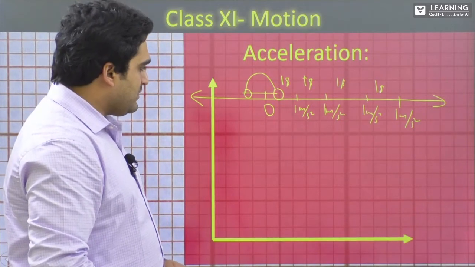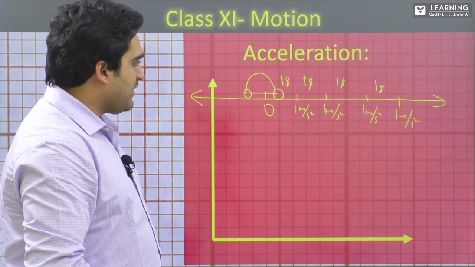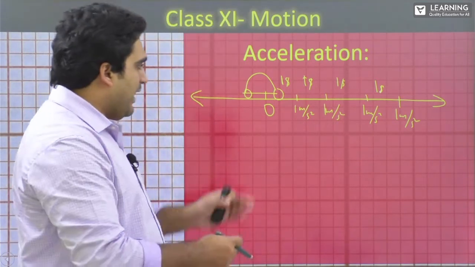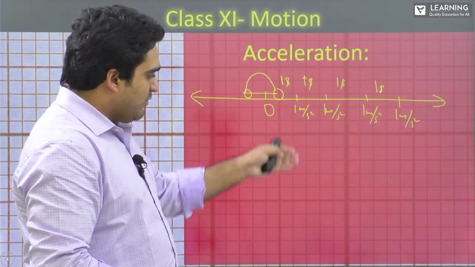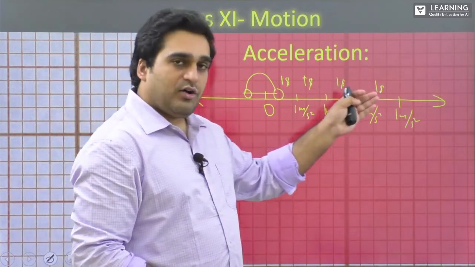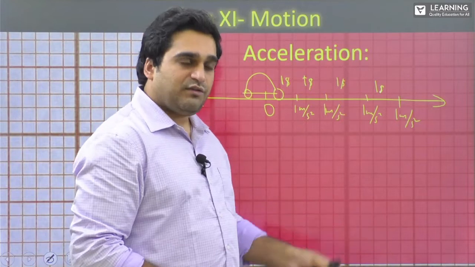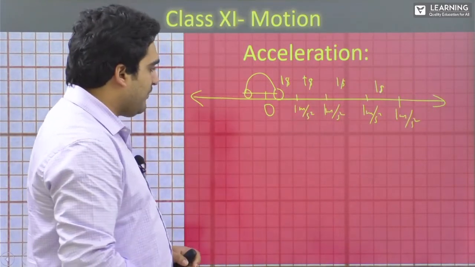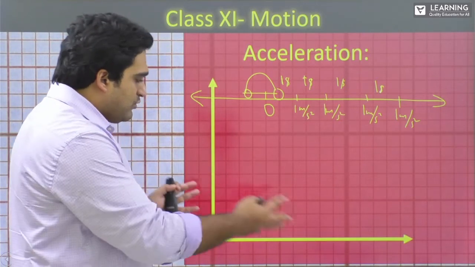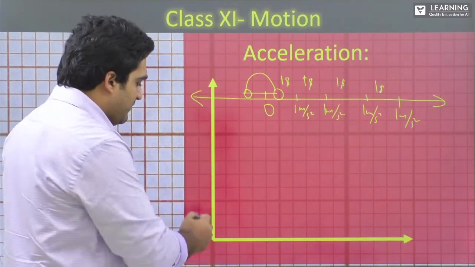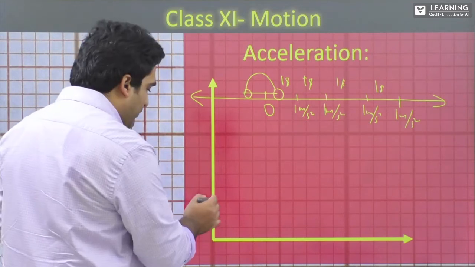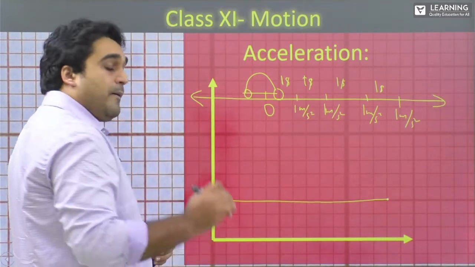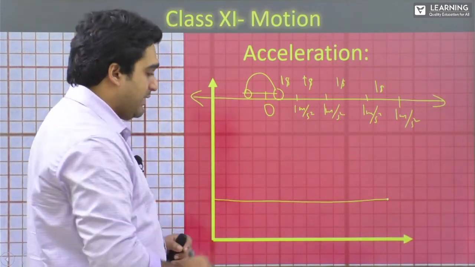Now plotting this in a set of tables, I've already put the graph there. By plotting this in a table, you will have acceleration 1, 1, 1 on one side, and on the time you have 0, 1, 2, 3, 4 because the time is progressing. And by plotting those set of points on a graph sheet, you get a straight line which is horizontal and also parallel to the time axis.